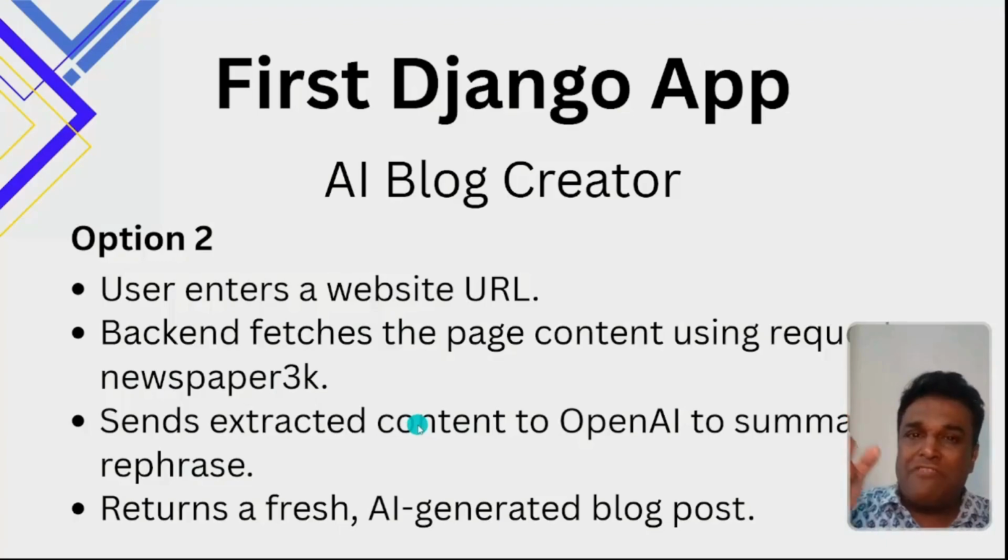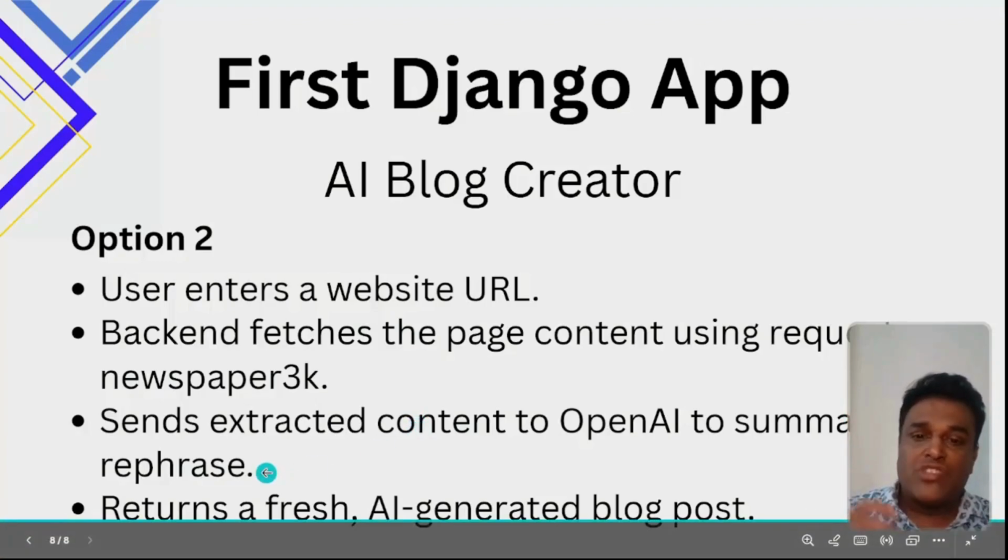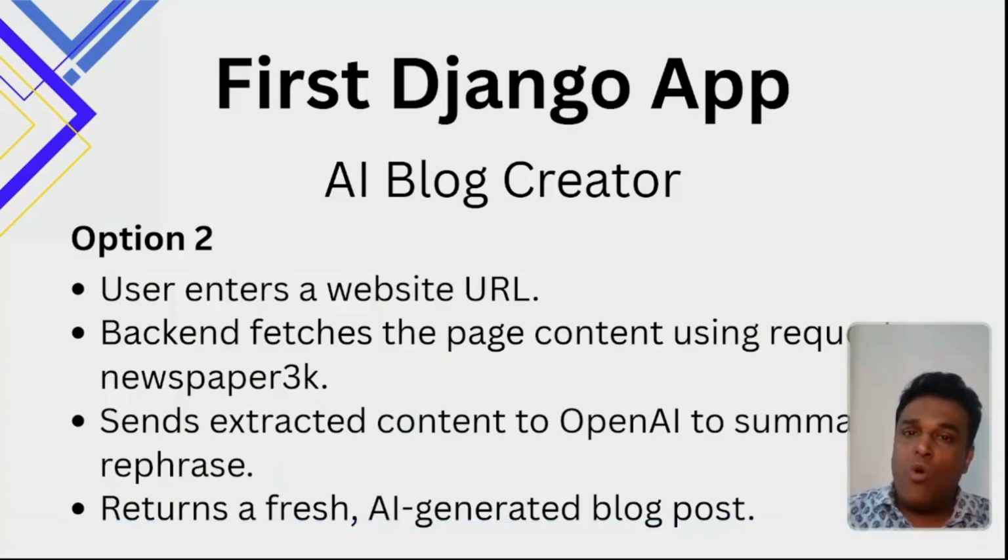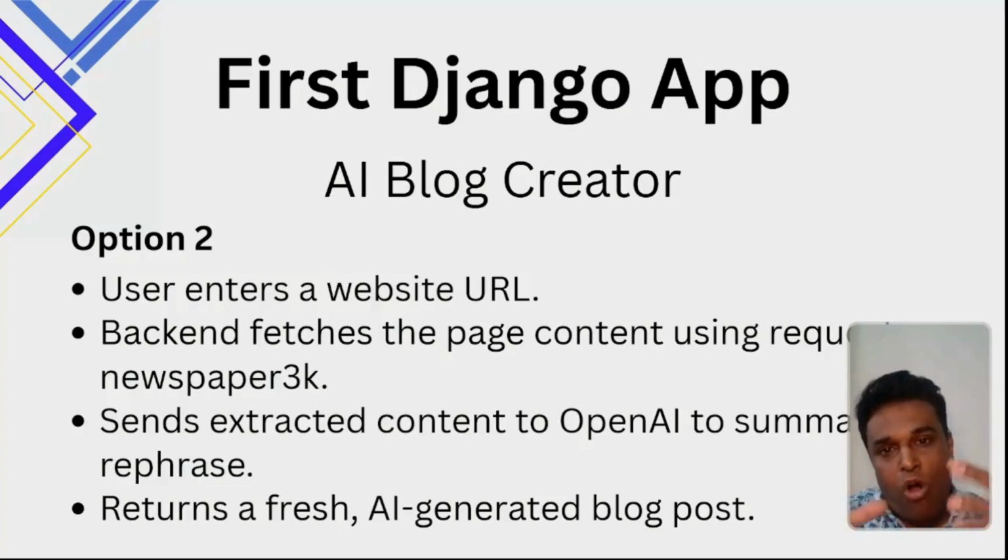Okay, so we're going to fetch the data from that page and extract the contents, and then we are going to tell OpenAI to create a blog out of that content. Okay, so we will have a freshly generated new blog with us, and we can upload that onto the WordPress website. Okay, so this is what we are going to do.